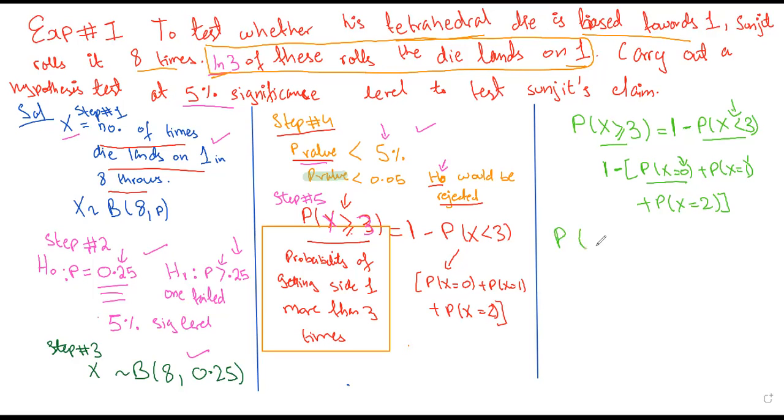Probability of x is nCx p to the x into q to the n minus x, right? So this is the formula. We'll do it later on. You just have to plug in values and you'll get probabilities. Once you have your probability, which means you have your p-value, you need to compare that with your significance level, and on the basis of whether it is greater or less, the null hypothesis would be either rejected or accepted. Are things making sense now?